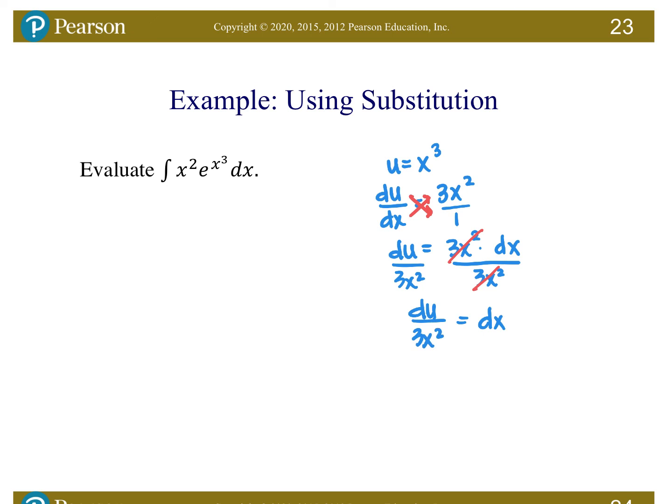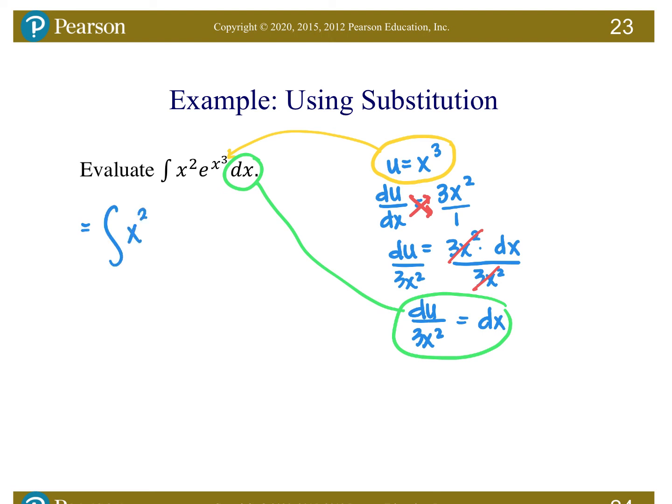And now we're ready to replace our beginning and our end. So our beginning, u being equal to x cubed, that'll be right here. And then our dx at the end, that'll replace dx, and we don't do anything with x squared yet.